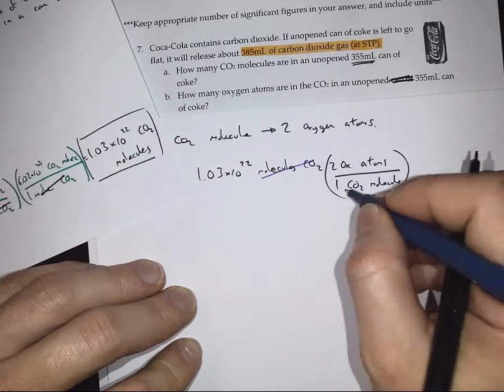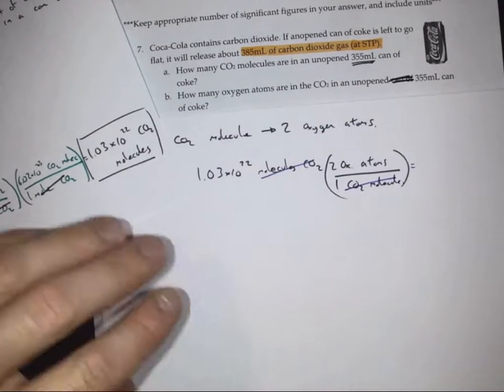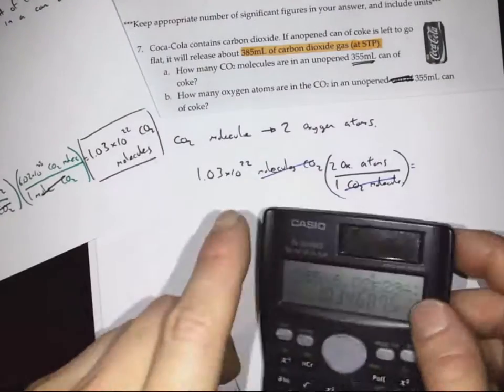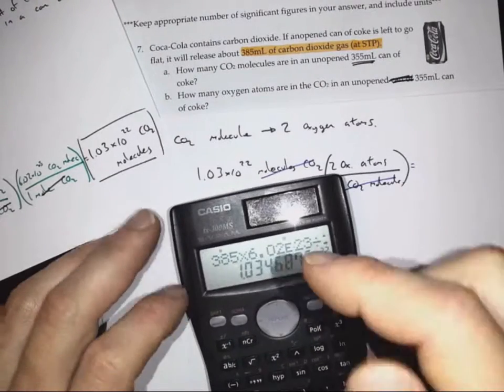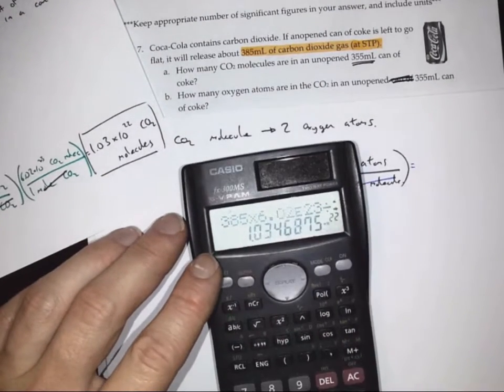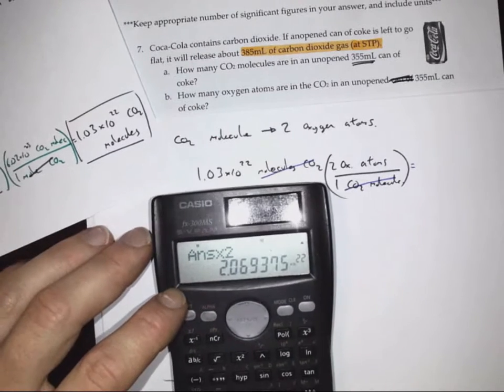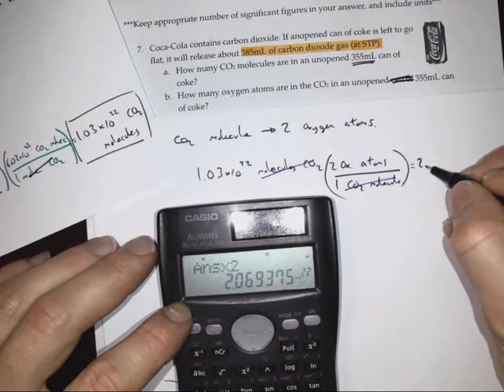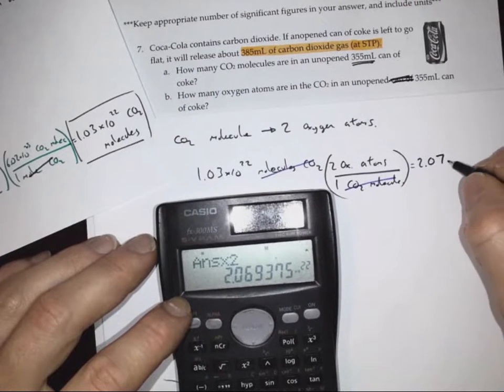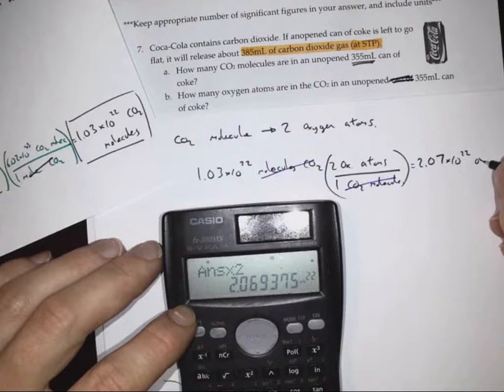And molecules of carbon dioxide cancel out, and I get units of oxygen atoms. So I'm going to take this number, which I actually still have in my calculator, and multiply it by 2. And I'm going to get 2.07 times 10 to the 22 oxygen atoms.